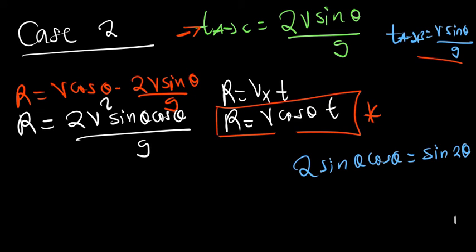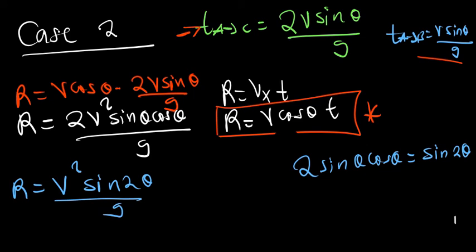So therefore I can replace this 2 sin theta cos theta with sin 2 theta, divided by g. So this is the formula for finding the range under the second trajectory.